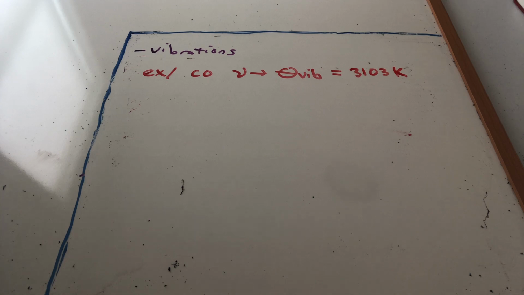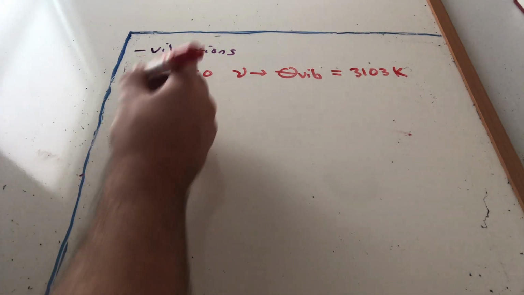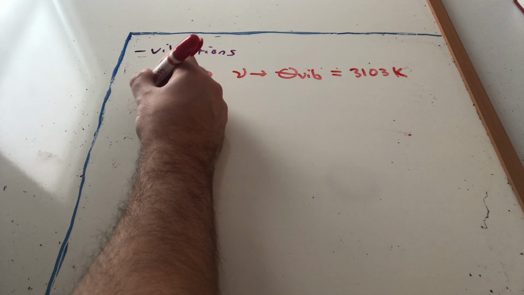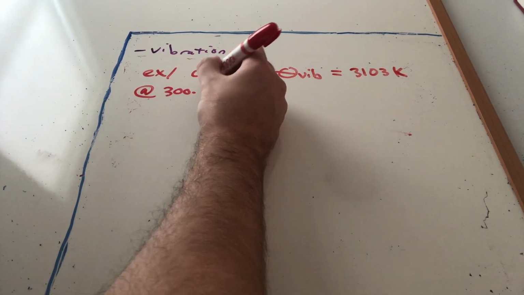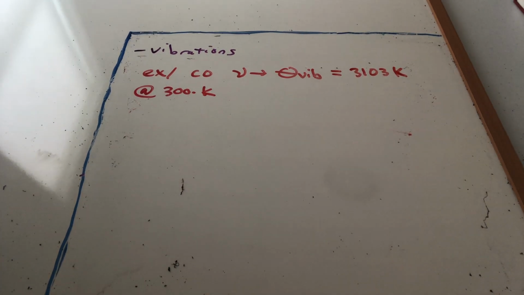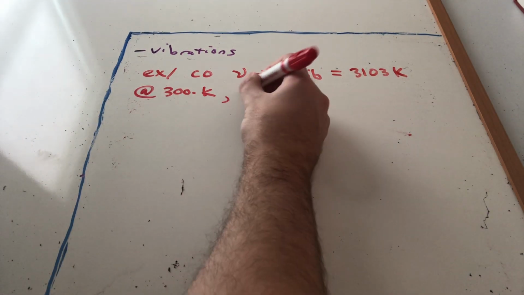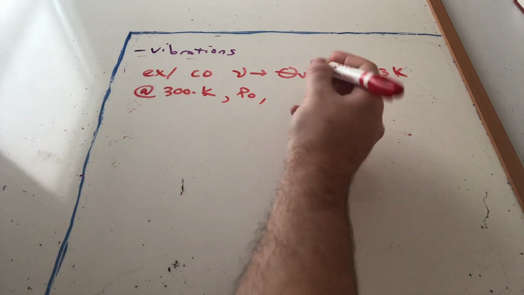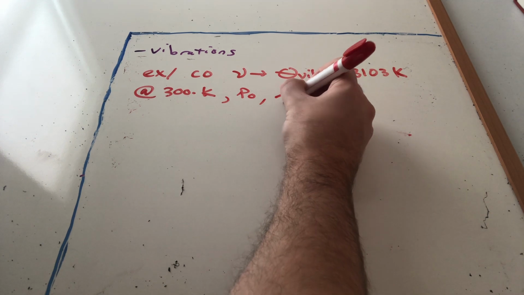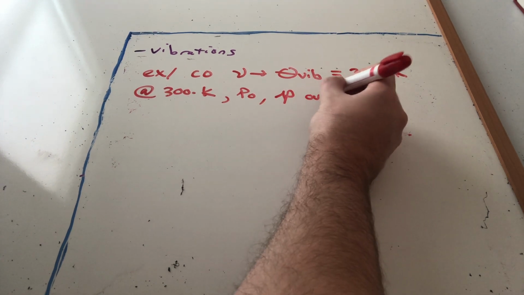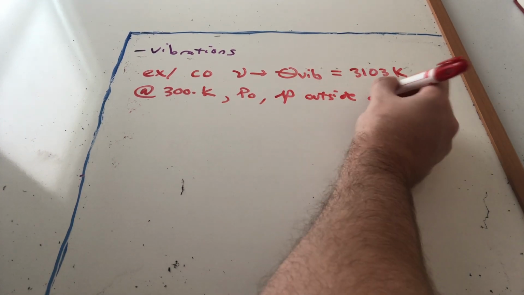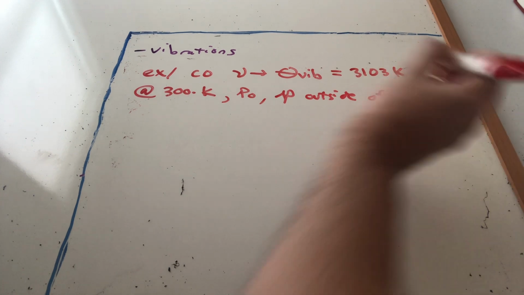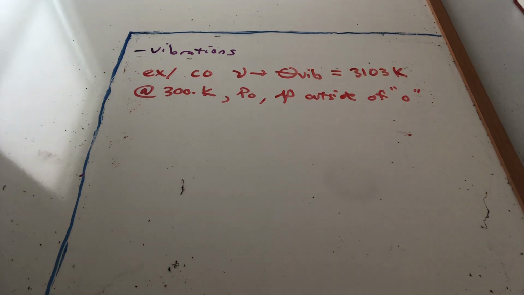So now we want to ask ourselves questions like, let's say we're somewhere near room temperature, like 300 Kelvin. What is P0? And we can also calculate P outside of 0, and you'll see what I mean in a second when we actually do this, because it ends up being an intrinsic part of the mathematics.